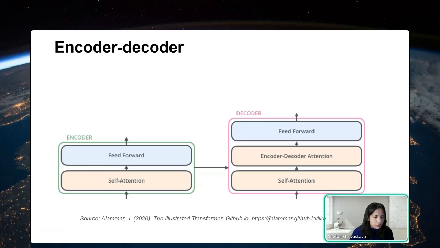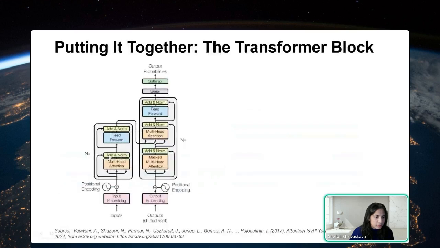In the encoder, when you're looking at the attention, you will see that there's no masking because the encoder is understanding the entire sequence. And then you use masking in the decoder so that you can predict without the model cheating or looking at the future tokens.